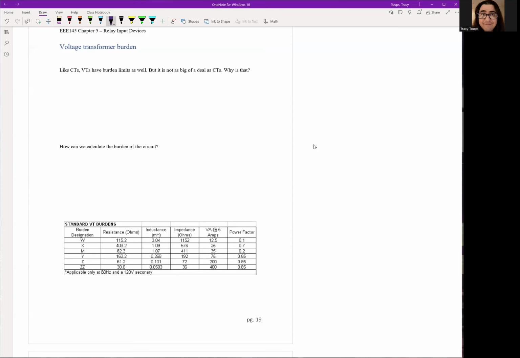Like CTs, VTs also have a burden limit because there's only so much loading you can put onto an instrumentation transformer before it goes into saturation. But it's actually not a big deal for voltage transformers because during a fault, the voltage collapses. Remember, in a fault, current increases and more current will saturate a transformer, right?